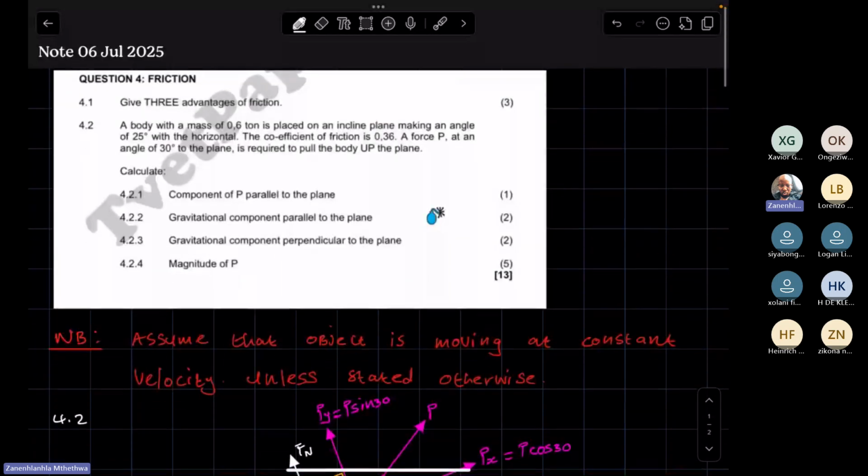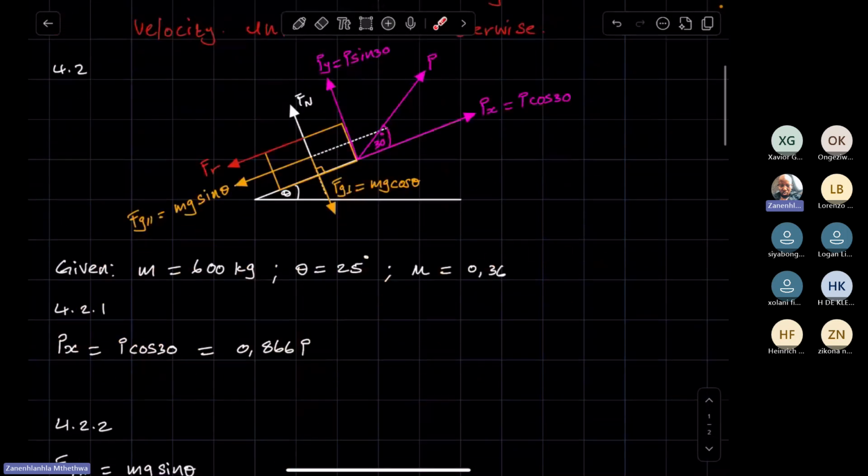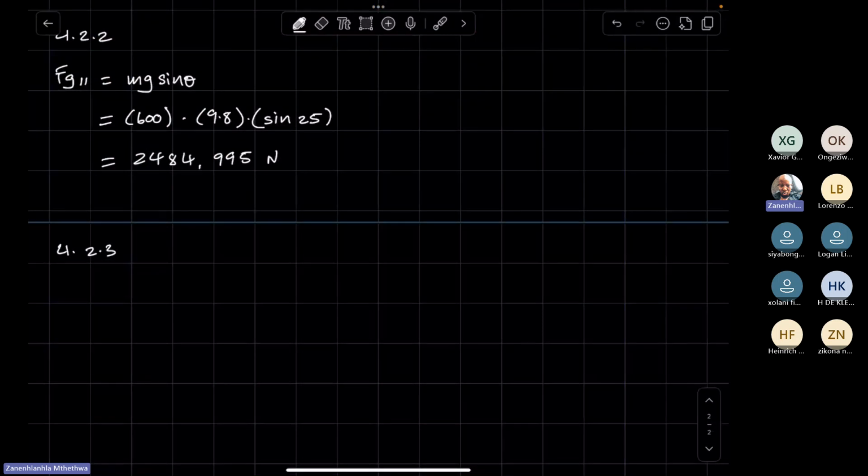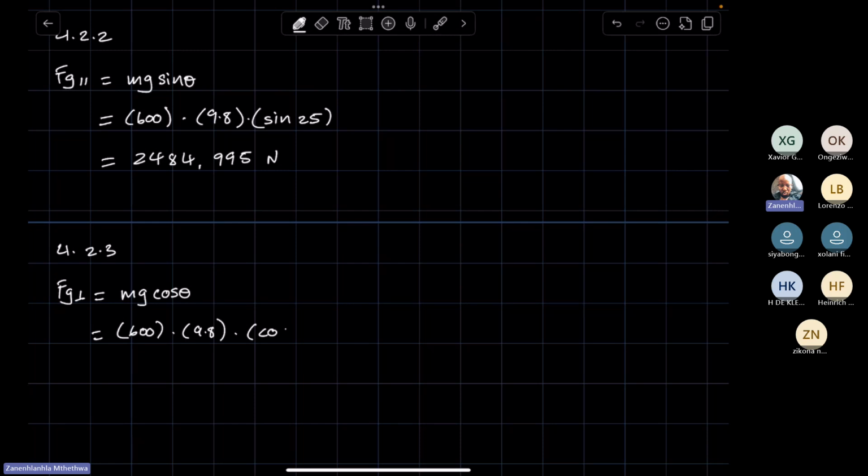4.2.3, calculate the gravitational component perpendicular to the plane. Obviously that is FG perpendicular, which is mg cos theta. Mass is 600, g is 9.8, and this is cos 25.